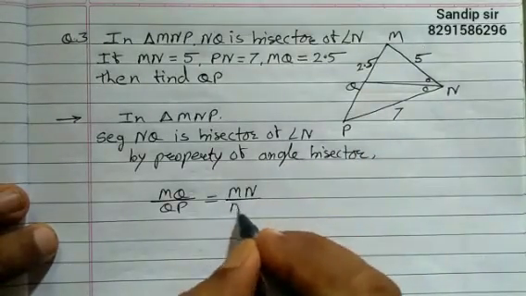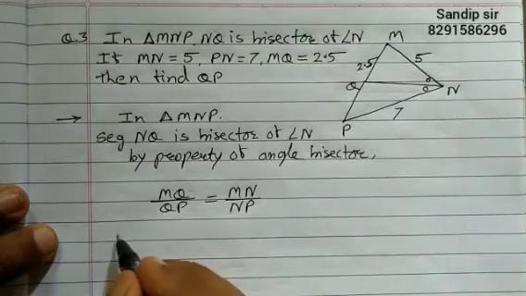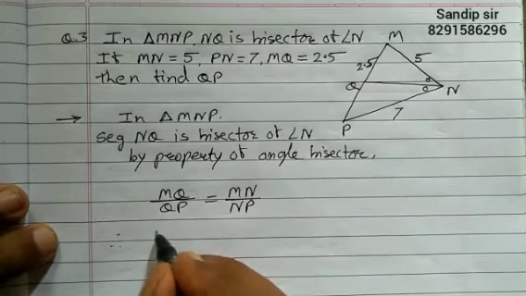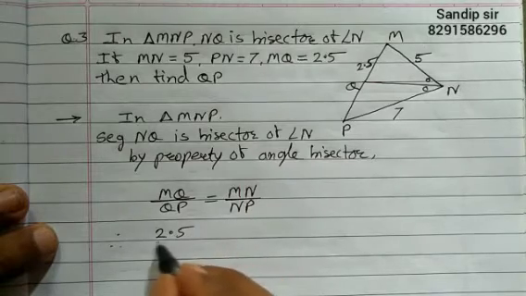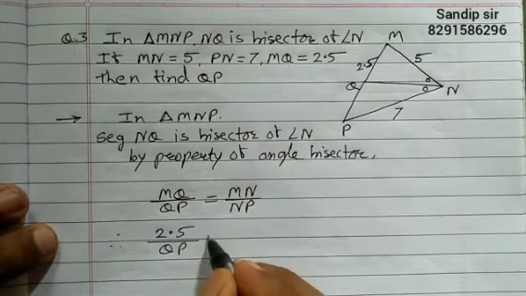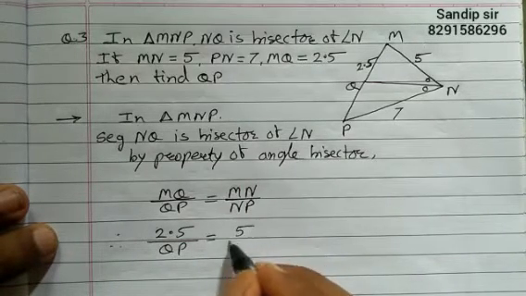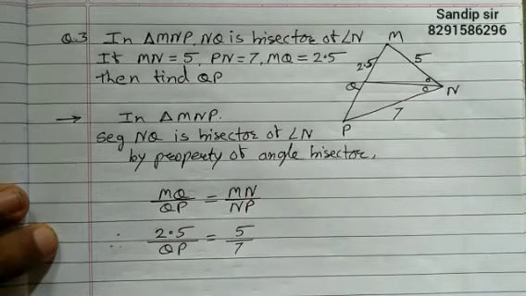Let's substitute the value. MQ is 2.5, QP we don't know, MN is 5, NP is 7.